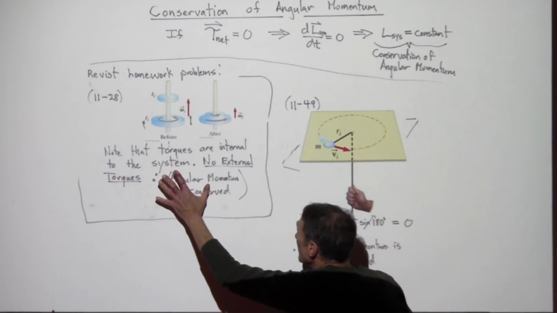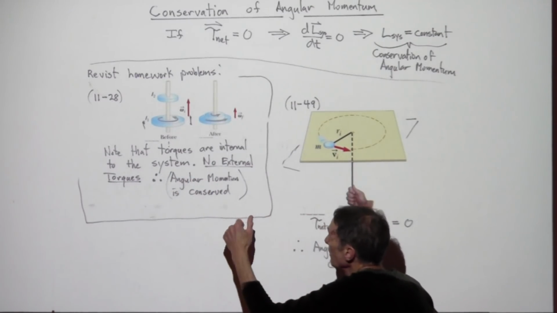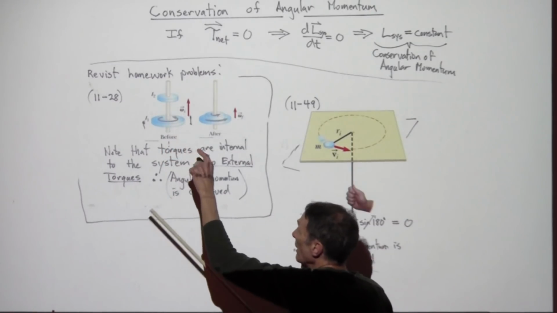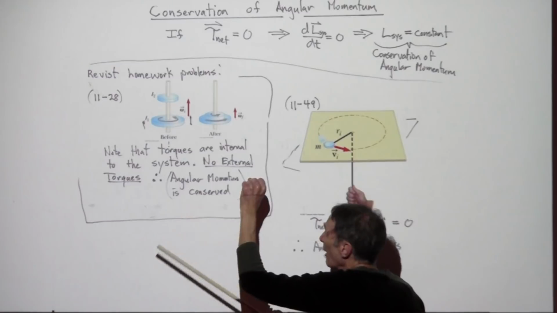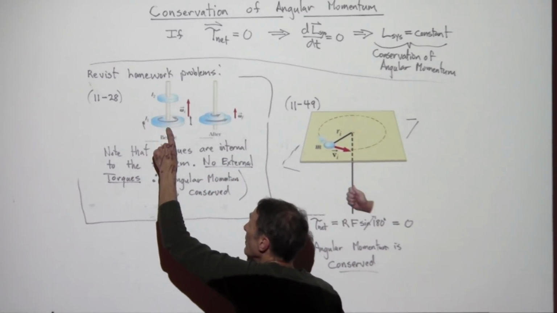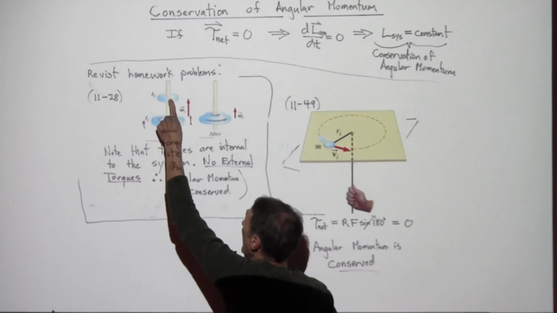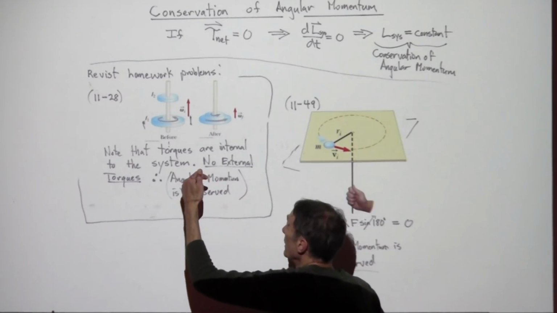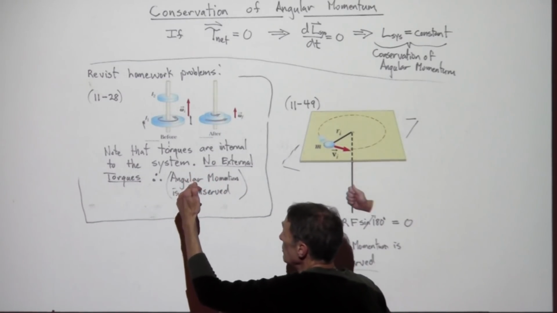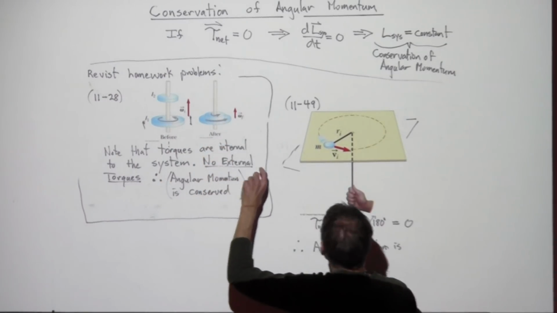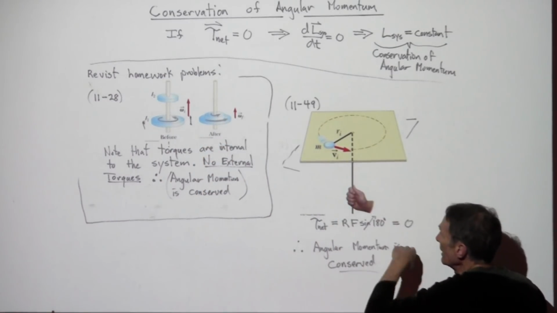I'll just point this out: angular momentum is conserved if the net torques are zero. When we drop this on, there's going to be equal and opposite torques on these. So overall, the angular momentum will be conserved, and so that's where we can use this from the before picture to the after picture.